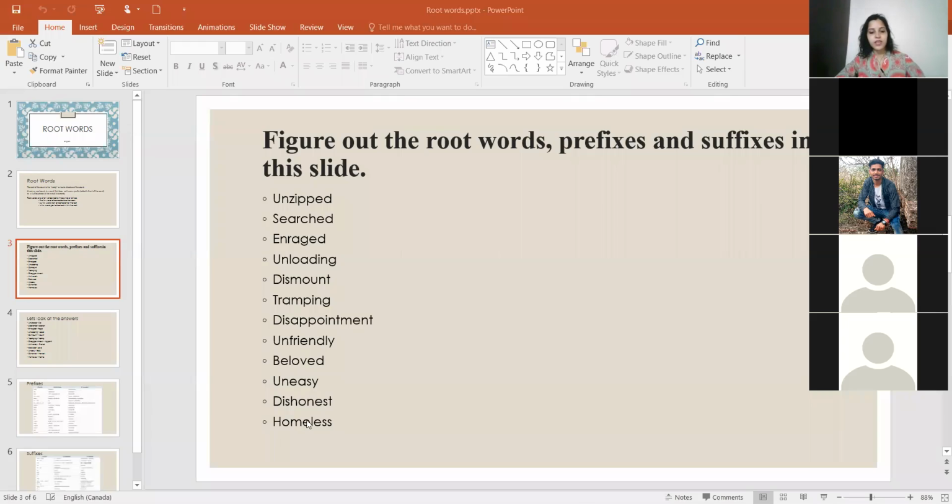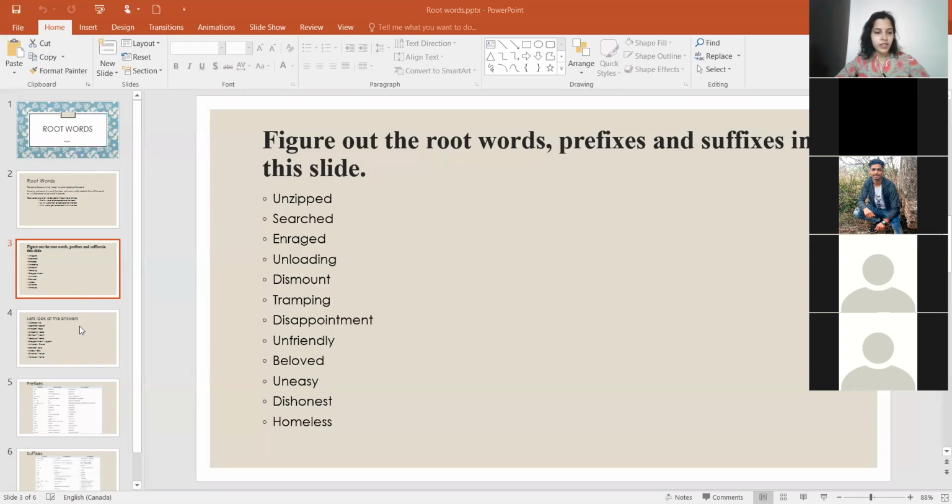Then what about homeless? So home would be the root word and less would be the suffix. These were quite simple words and all of you replied correctly. Yes, home is the root word and less is the suffix.